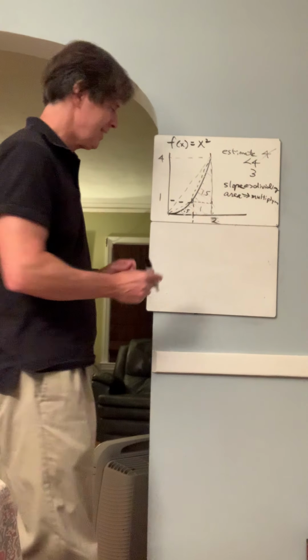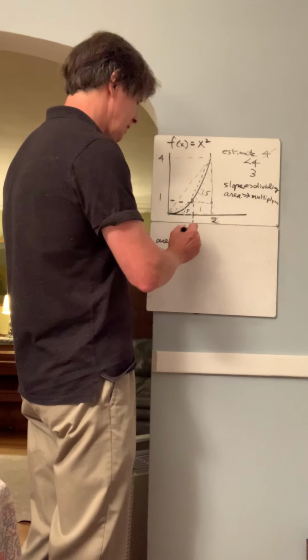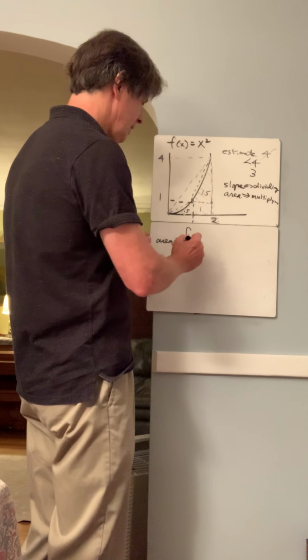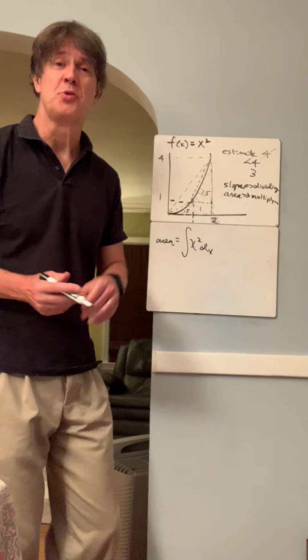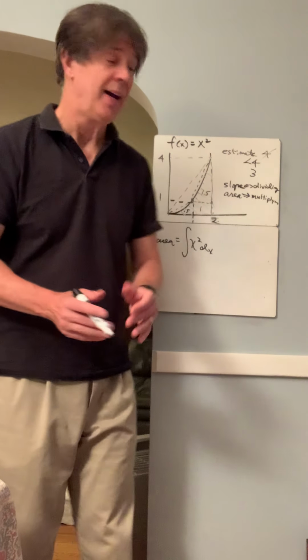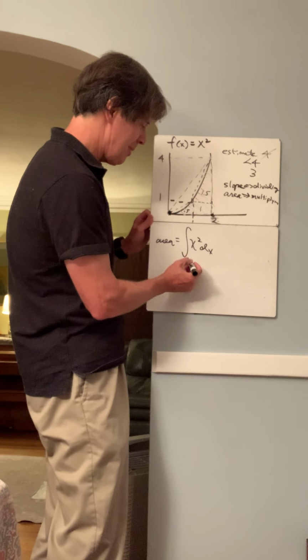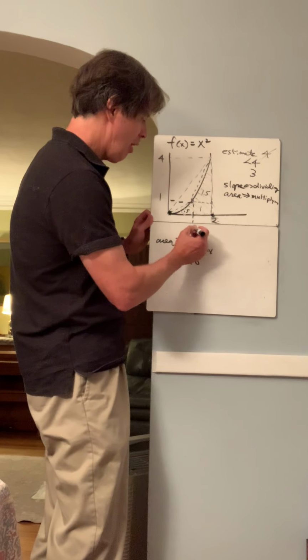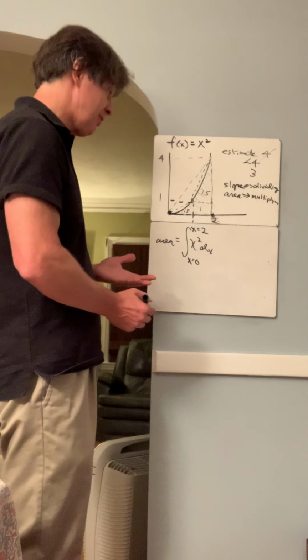You write it like this. You say this area that you're looking for, the definite integral, is the integral of, say, x squared dx, but you put what's called limits on it. It's where you start and where you end. I want to know the area from x equals 0 all the way out to x equals 2, or wherever I feel like stopping.